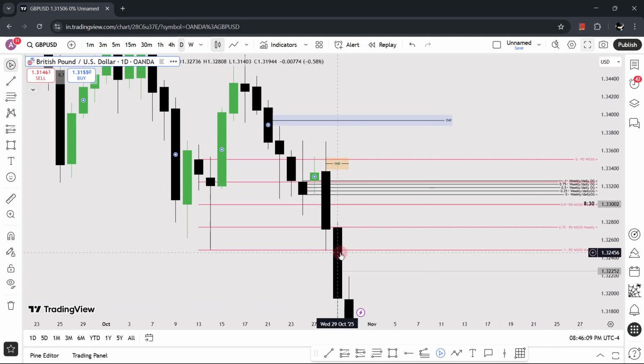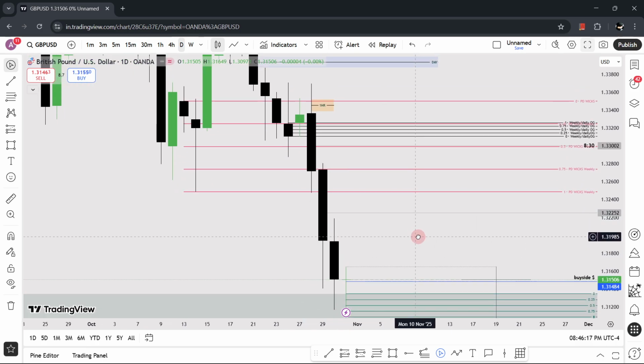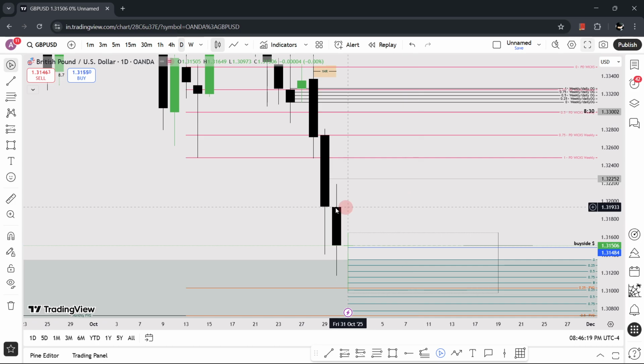This particular day has a significance, I think. It opened, went a little bit higher, then went all the way down. That's really fine. Now going to an hourly chart.